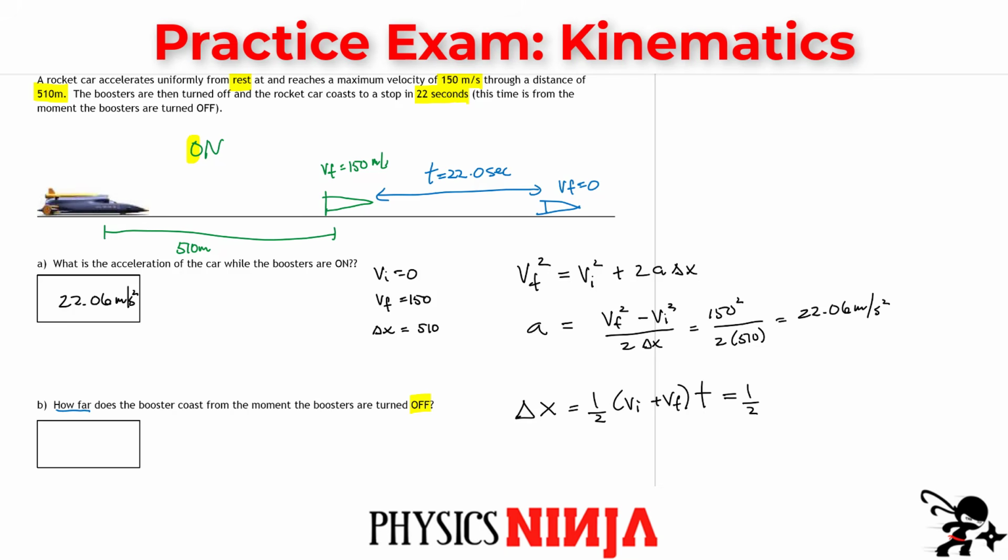I'm just trying to use the most direct method. My initial velocity at the beginning of this section is actually the final velocity at the end of the first section when the boosters are on. So you should get 150 here, plus 0 as my final, and the time is 22 seconds. Put everything in there. I think I get 1650 meters. Let's go ahead and put that in the box, 1650. All right, put the units in there as well.